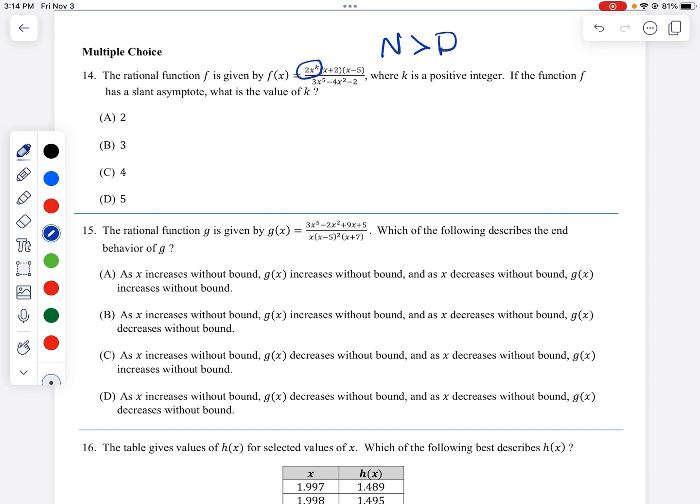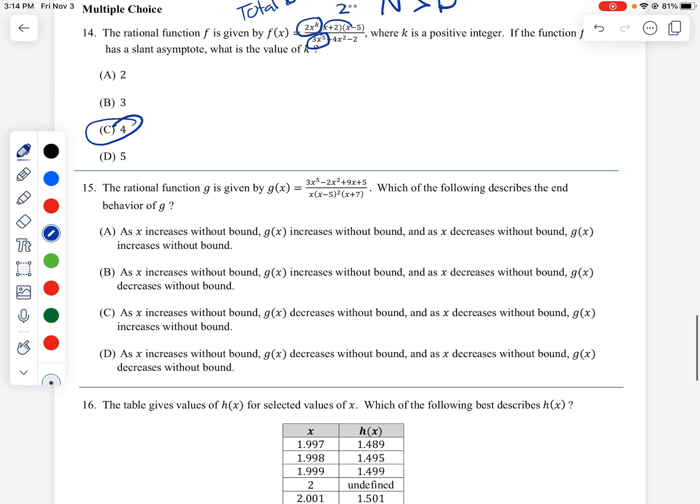So if we look here, here's 2 x's, and we know the bottom has 5, so our top, the total, would have to be 6. So for that to work, we would have to have x to the 4th, or k would be 4, because then we'd have our 4, 5, and 6.